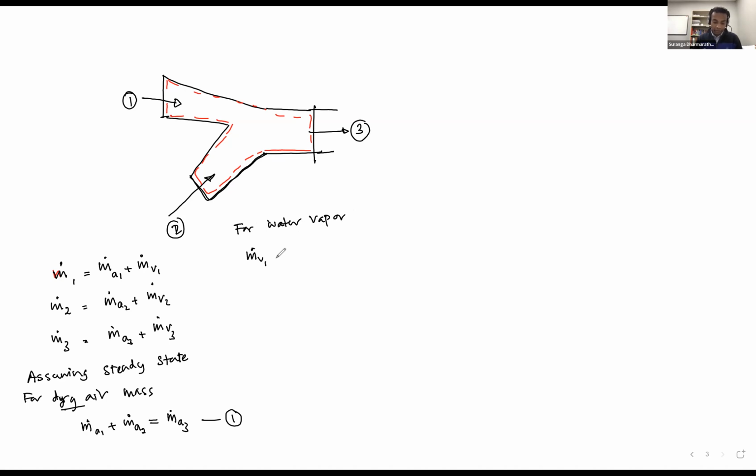It can actually change due to evaporation. We don't know what the evaporation and those conditions are. Therefore, we leave that part for the time being.